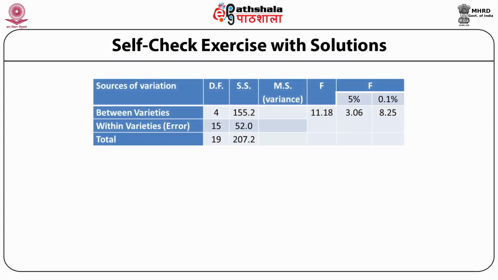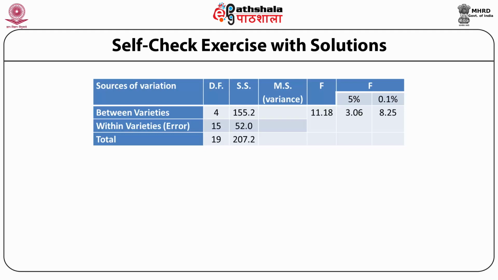Now looking at this table, the F value, and if it is a computerized value, then you have a significance alpha value, and if the alpha value is less than 0.05, then we say yes, there is a significant difference in the yields of different varieties.